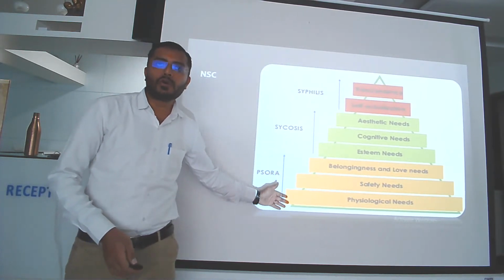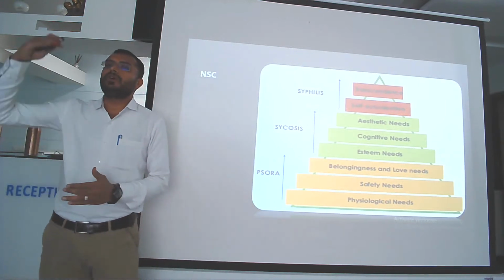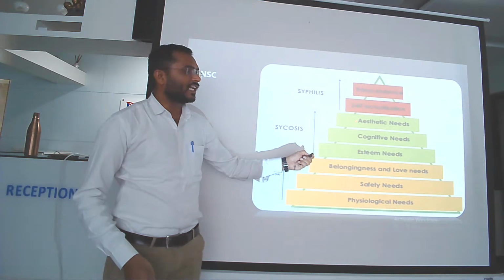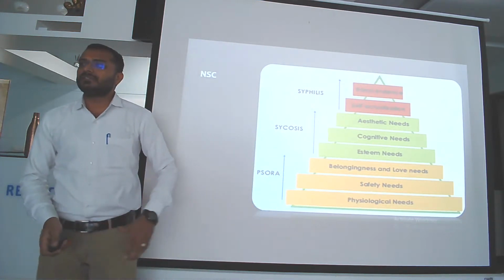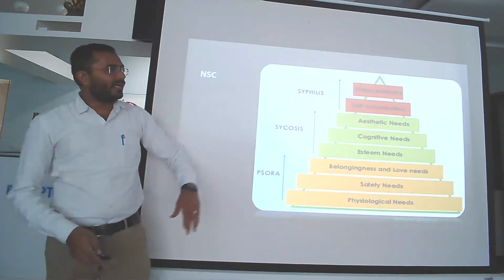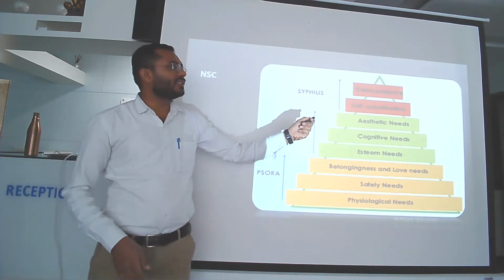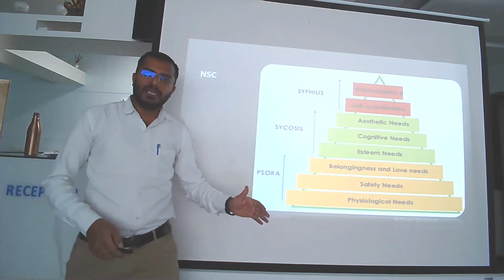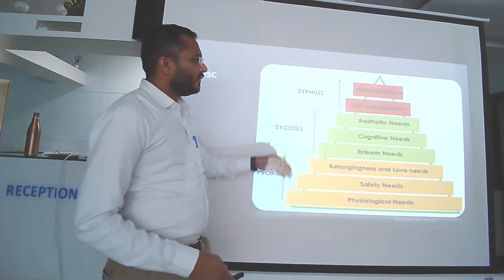This is the sora. When sora goes beyond, they develop certain esteem, cognitive and aesthetic needs. This is called the psoric need. And when this goes into self-actualization and transcendence, it is called the syphilitic need.